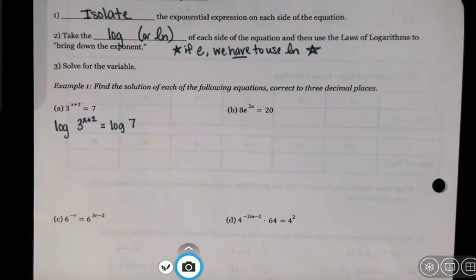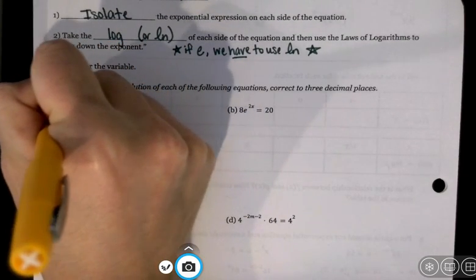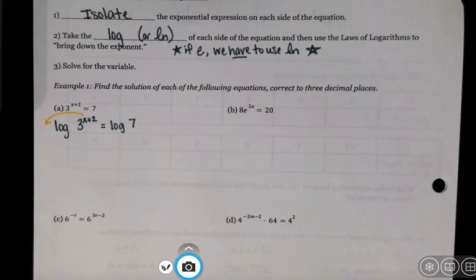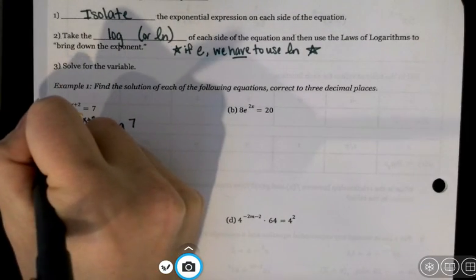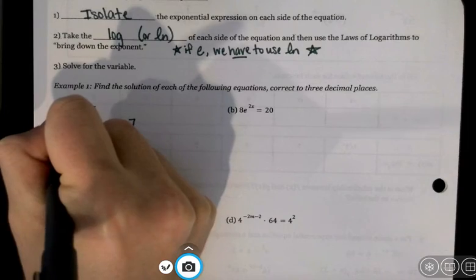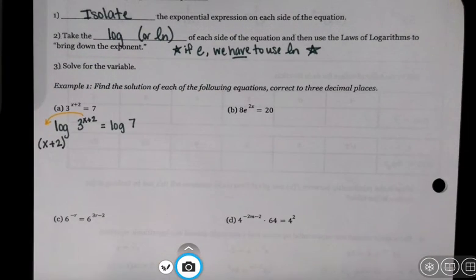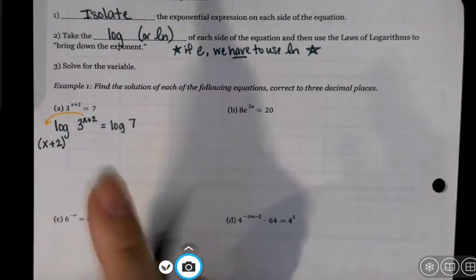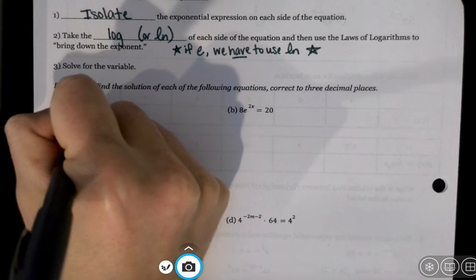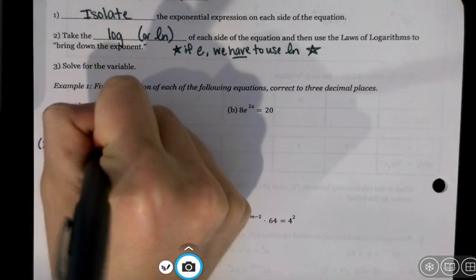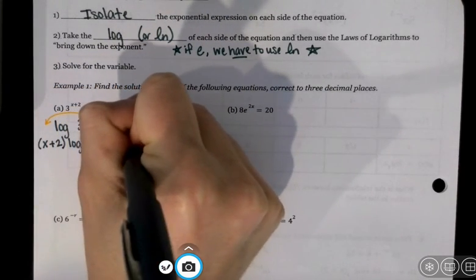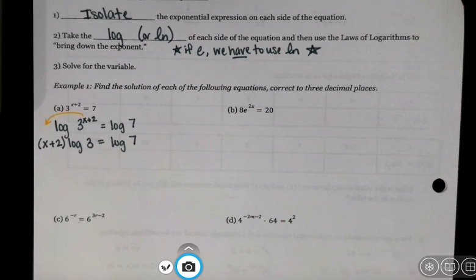When I do my log rules, I know that I can pull this exponent down in front as a coefficient. So when I rewrite this, I have x plus 2. And I'm going to put that inside parentheses because it was in the exponent together, and it's being multiplied to log of 3, and then nothing changed on the right. So I'm just going to rewrite that.